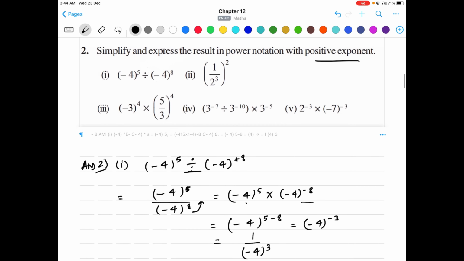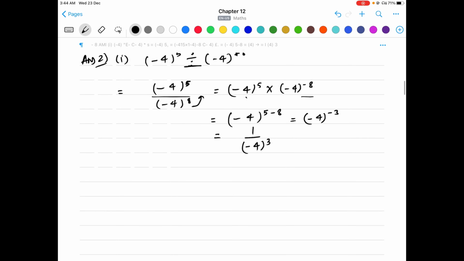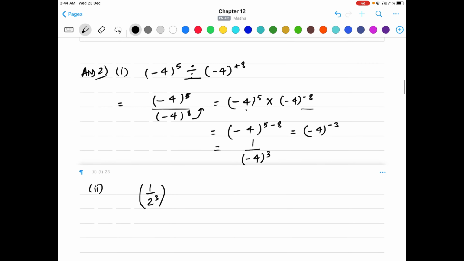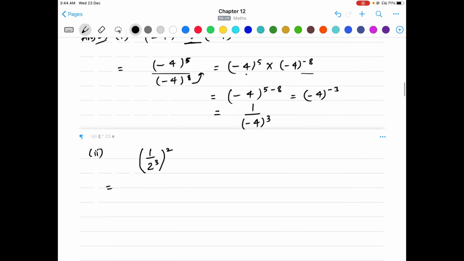Now moving to the next one, we have 1 by 2 power 3 whole power 2. Second is 1 by 2 power 3 whole square. If we open this bracket, this will change to 1 power 2 and 2 power 3 whole power 2.